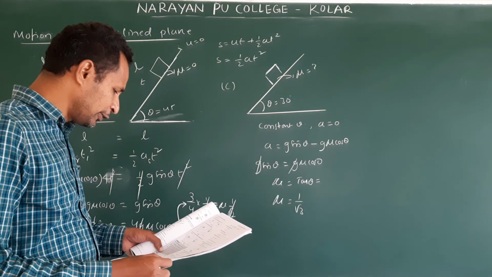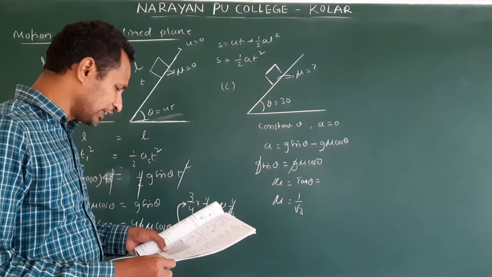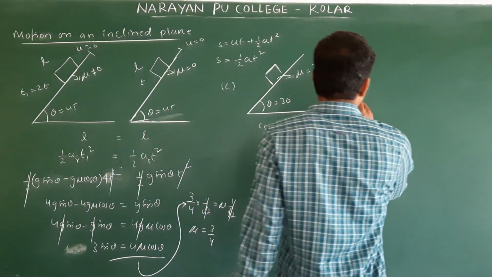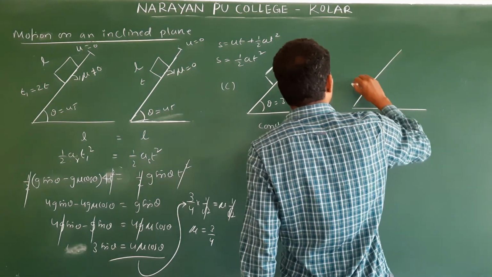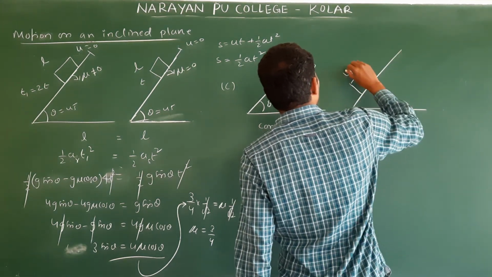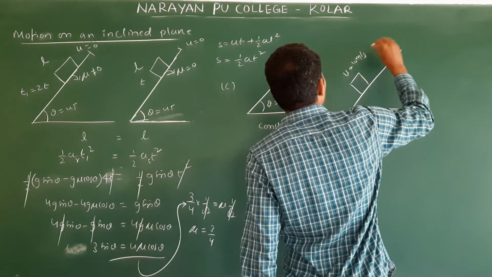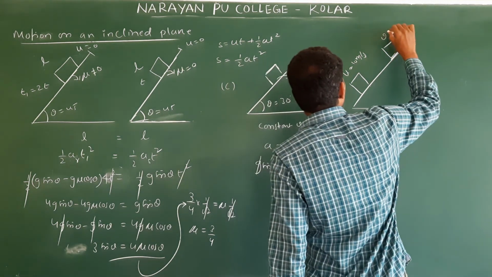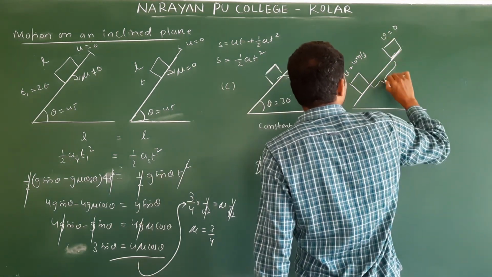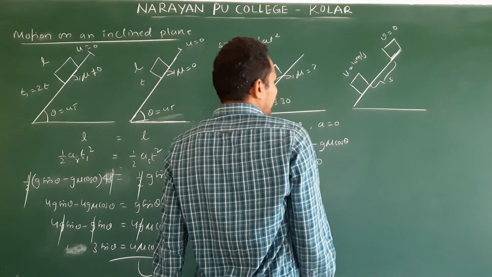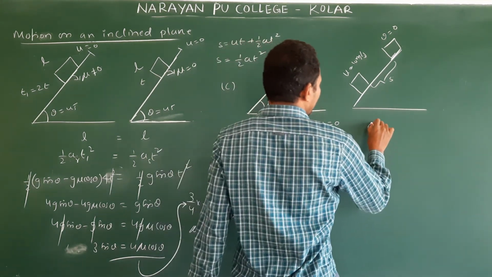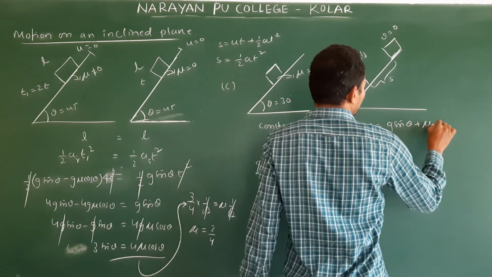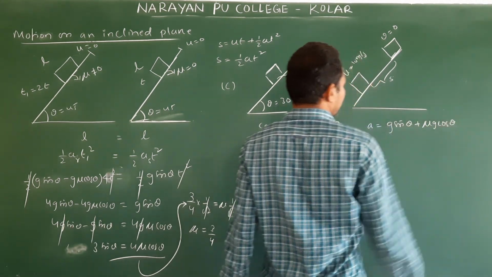Next information: a block is projected up the plane with a velocity 10 meter per second. Then at what distance is it going to stop? It's projected with u is equal to 10 meter per second. Finally, it is going to stop, so v is equal to 0. They are asking this distance, s. When it is going up, what is a? a is equal to g sin theta plus mu g cos theta.